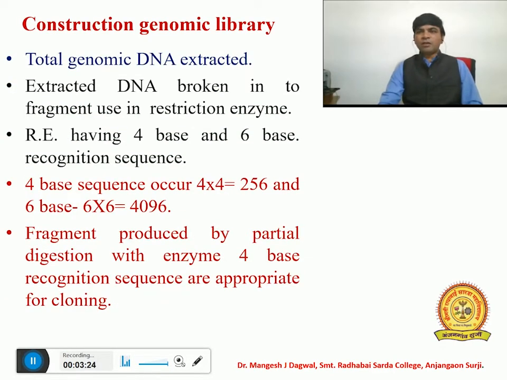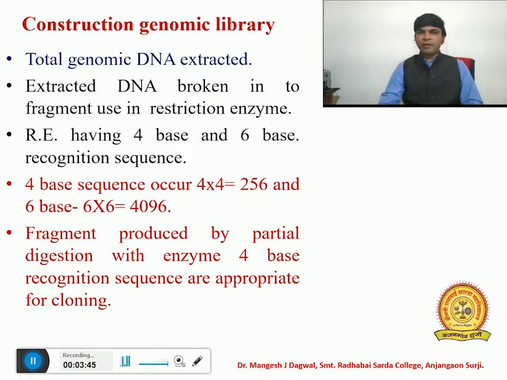Now, how is the genomic library constructed? First of all, the total genomic DNA is extracted. As we know, any organism has genetic material, and that entire genetic material is called the genome. So first there is the extraction of the genomic DNA.